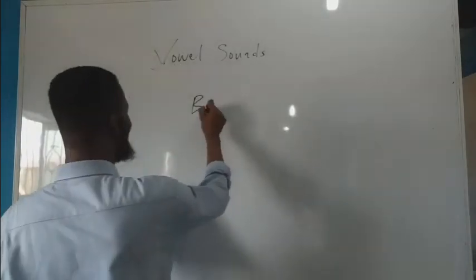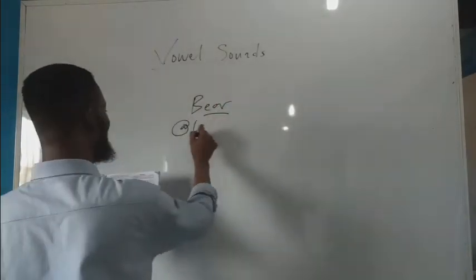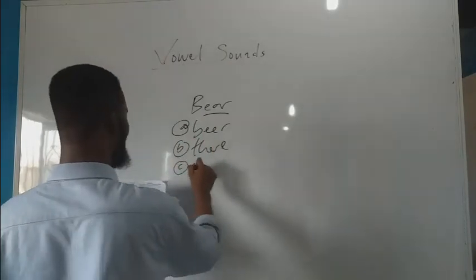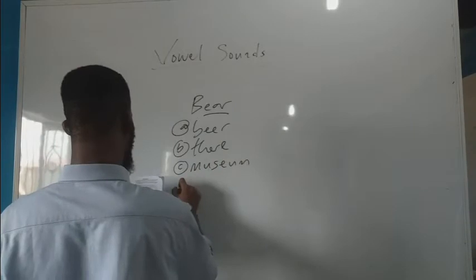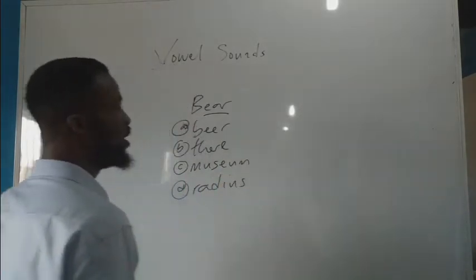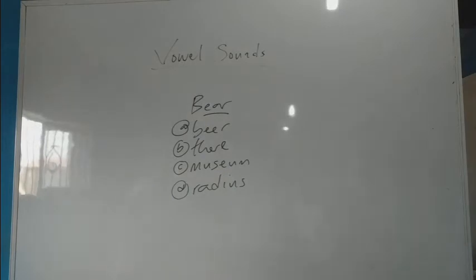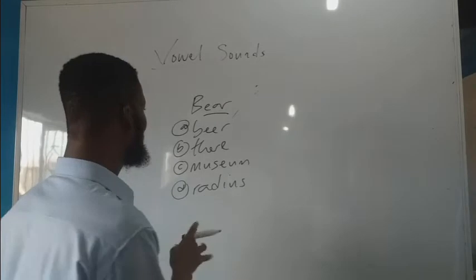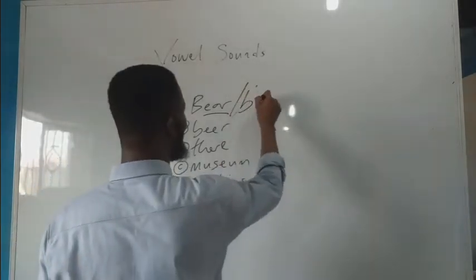Alright, let's look at this question. This is B-E-A-R and this is on the line. Option A, B-E-E-R. Option B, T-H-E-R-E. Option C is M-U-S-E-U-M. And option D is R-A-D-I-U-S. Now for this question, this is pronounced as bear.